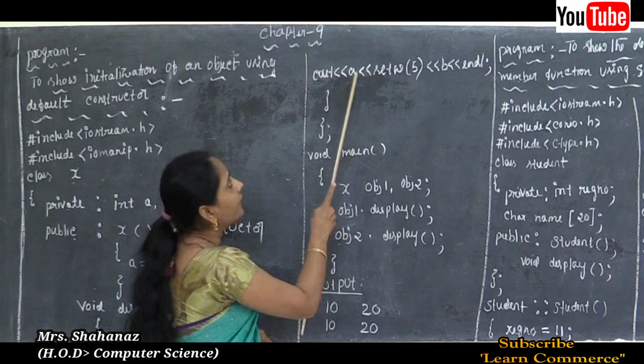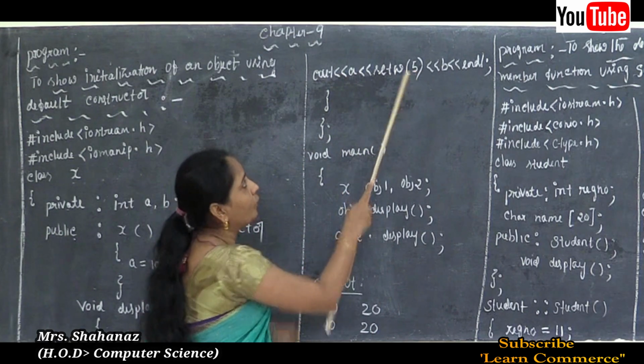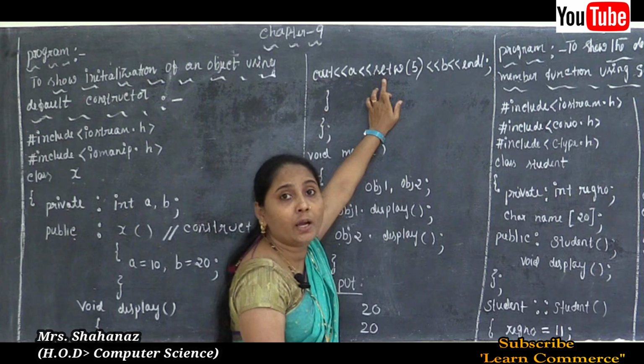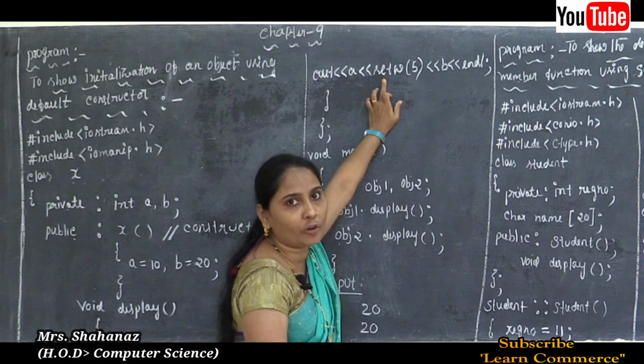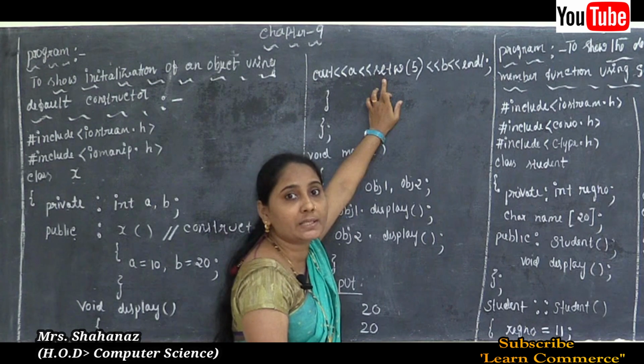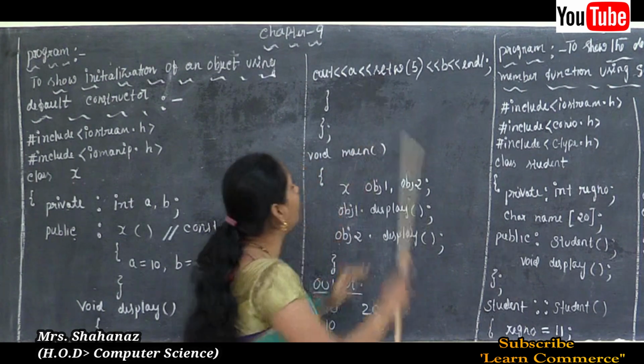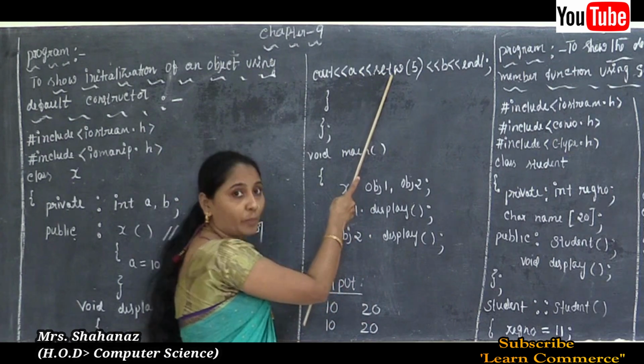So cout a, then setw(5). Why? Because we need to leave some space between the variables. Otherwise, we can't say whether it is 10 and 20 or 1020.